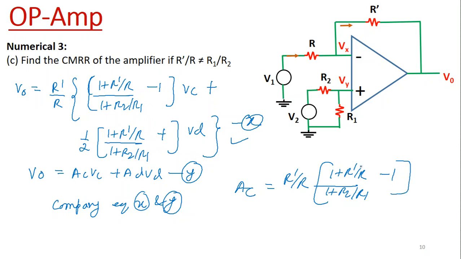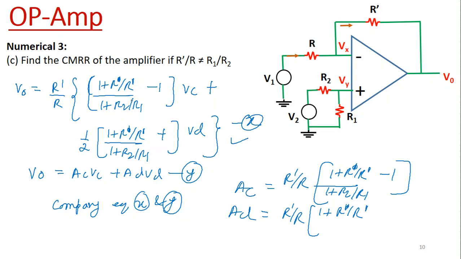So this is the AC we are getting from the equation, and AD is R dash by R into 1 plus R dash by R. Here it will be not R dash by R, actually we are getting R by R dash in the equation. So this will be R by R dash and this is R by R dash.